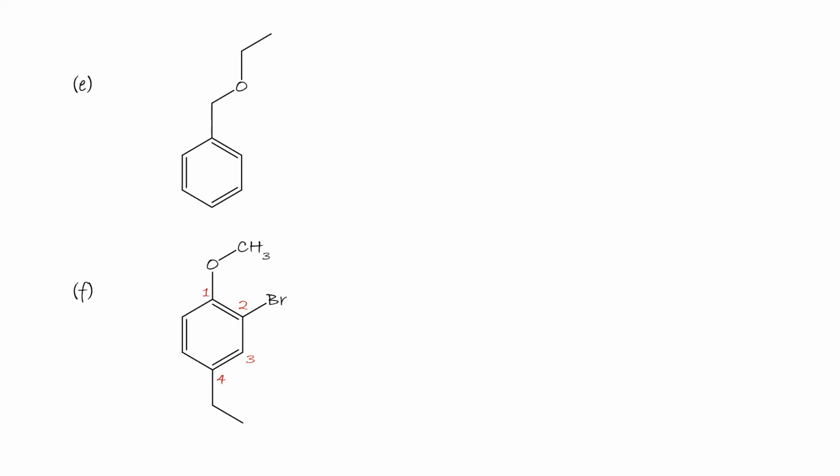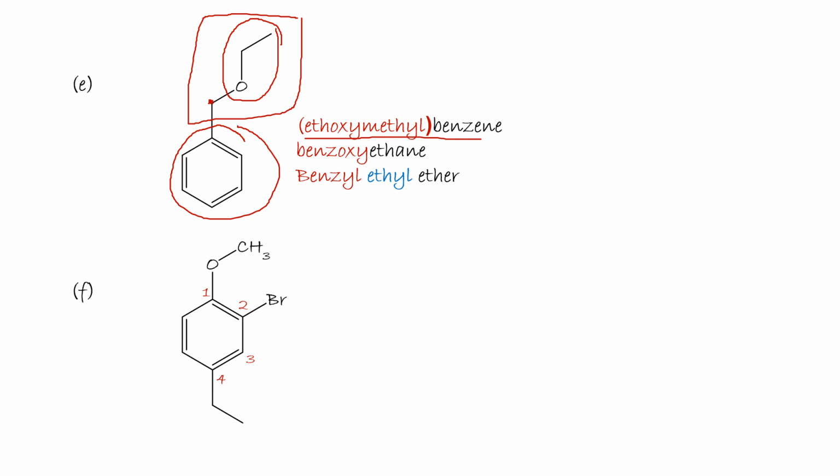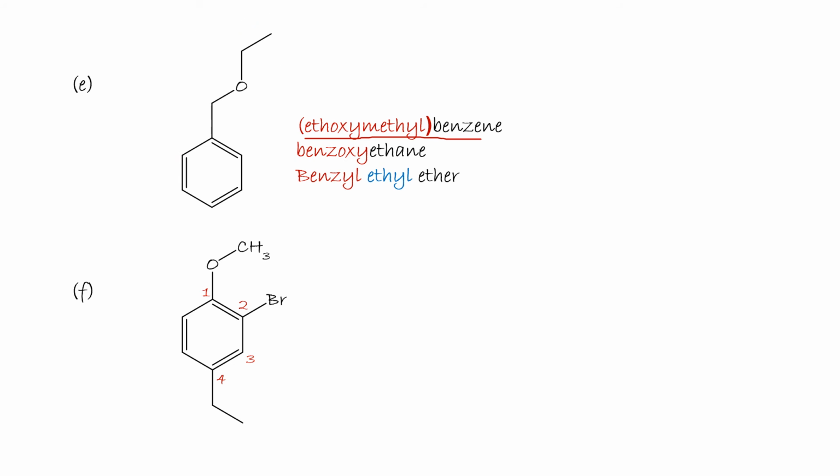For this compound, we have benzene. What about this one? This is methyl, and this is ethoxy. So this will be ethoxymethylbenzene, or we can call this benzyl ethyl ether.